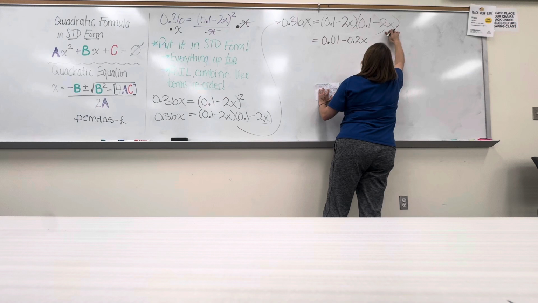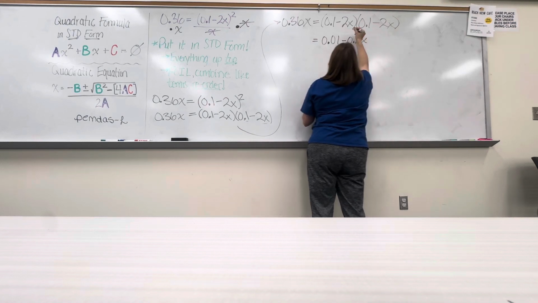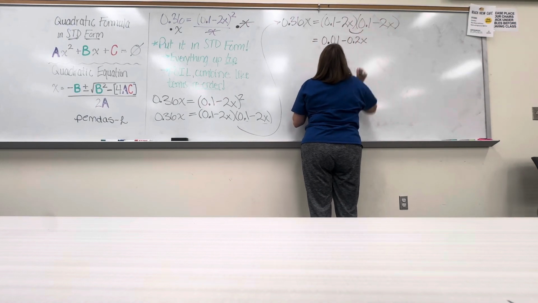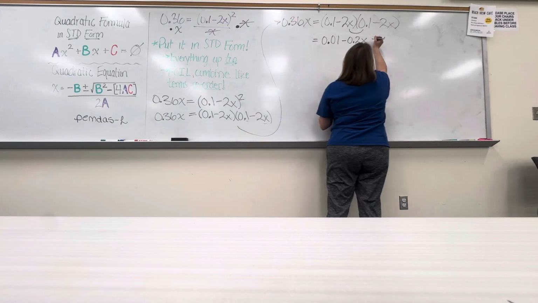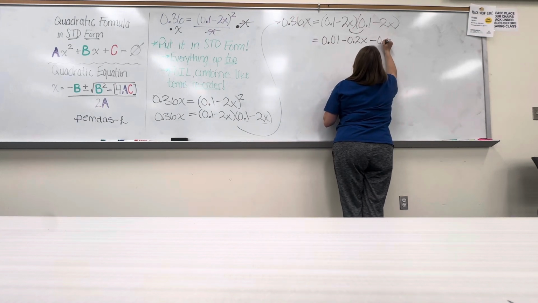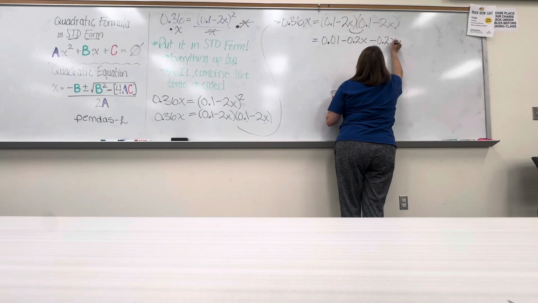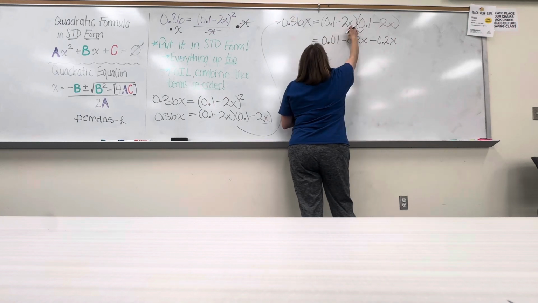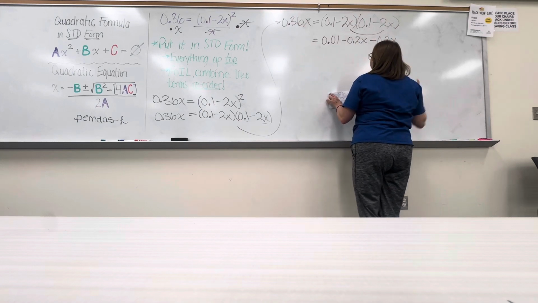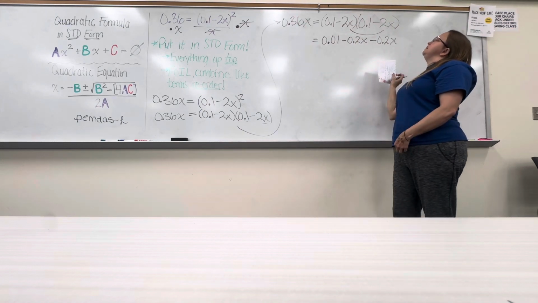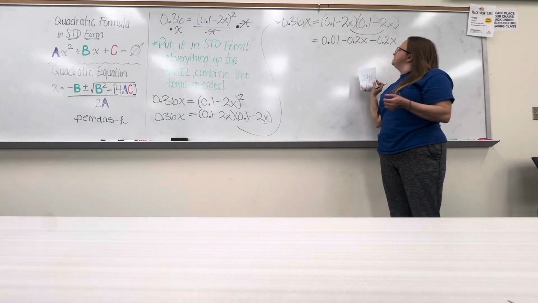Then we're going to do our inside terms, okay? And that's going to give us the exact same value, negative 0.2x. And then we're going to do our last terms here. Now, lots of people get this confused.